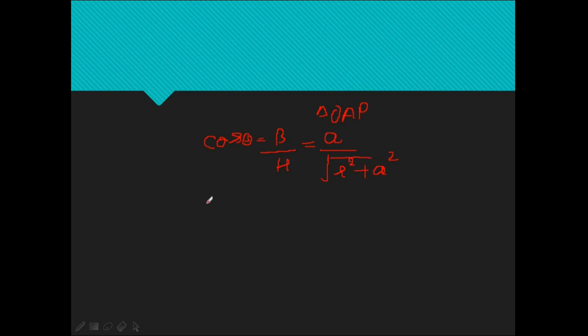Now we put the value of cos theta in the above equation. EP equal to 2 times of EA into cos of theta.